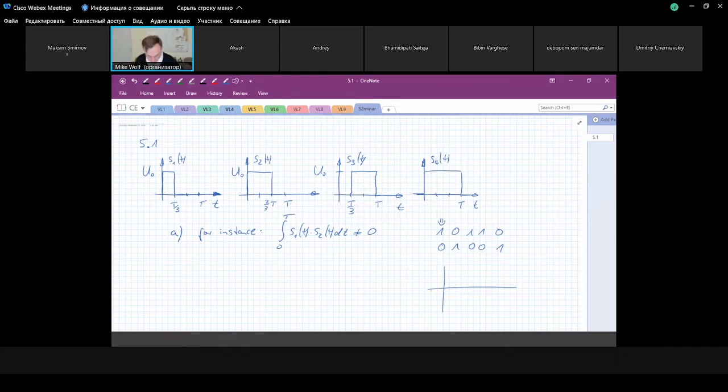We only use 2 functions, S1 and S2. If we transmit a 1, we transmit the first signal. If we transmit a 0, the second signal. So this would be 1, 0, 1, 1, 0.